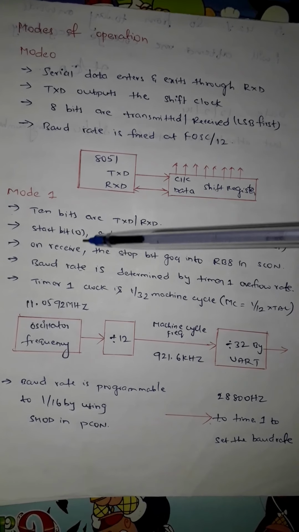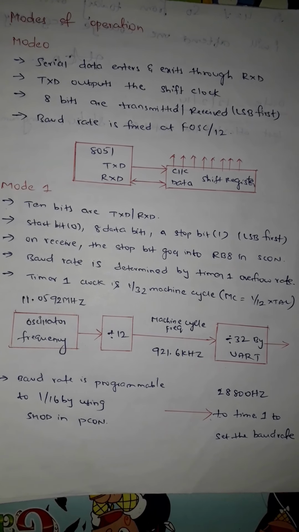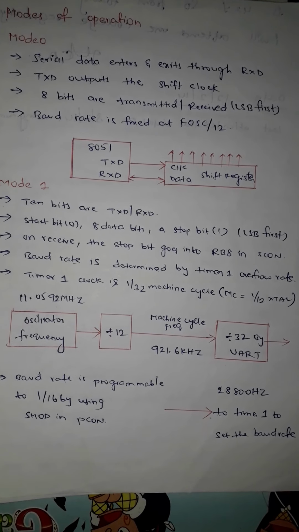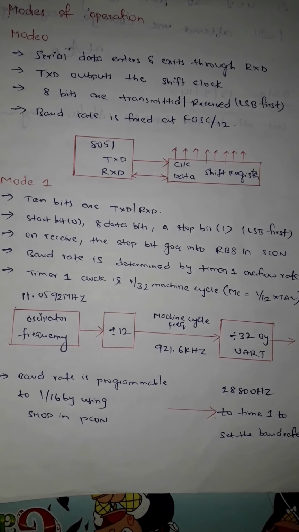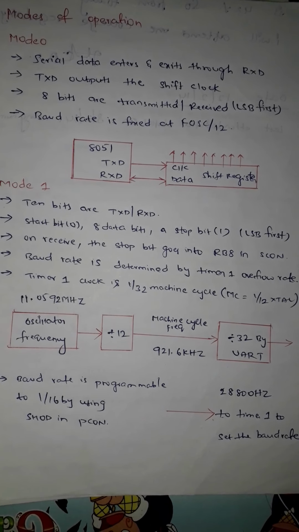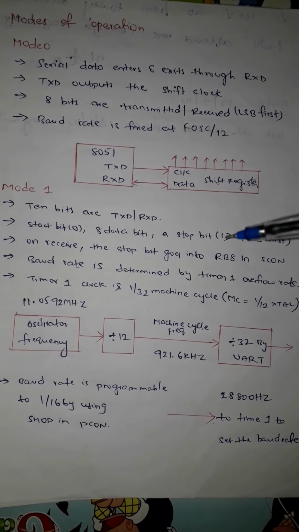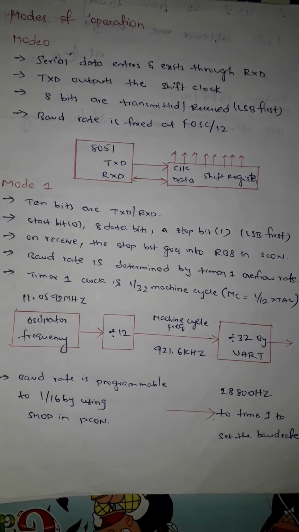The start bit indicates the start of the data transfer, then you transmit the 8 bits of data, and the stop bit indicates the end of the data transfer. On receiving the data completely, the stop bit goes to RB8 in the SCON register.